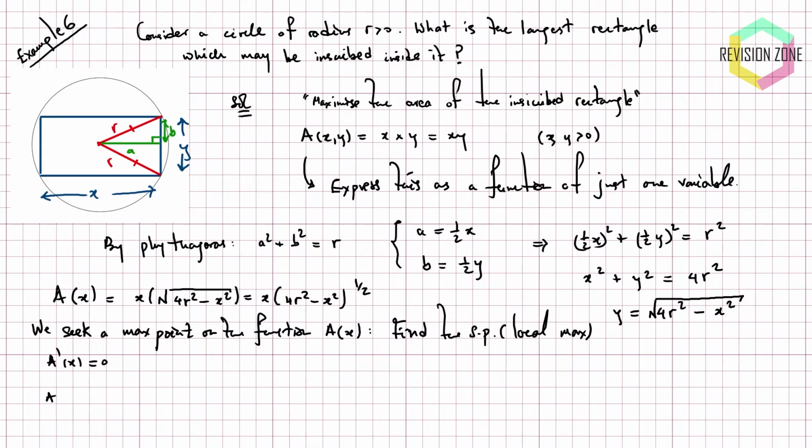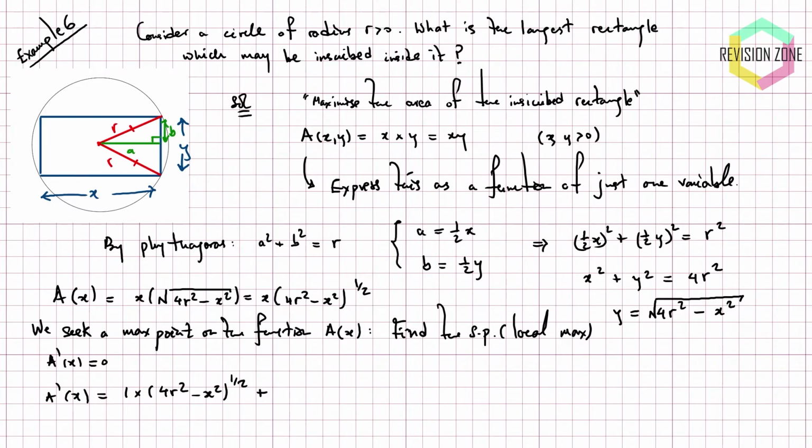Well, what's the derivative of A? We're going to have to apply the product rule to this because we've got a function there and then we've got another function there. It's fairly standard. I'm going to differentiate that and then write that down. So differentiating x just gives me 1, and then I write the other function down.